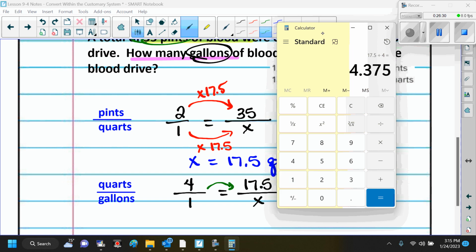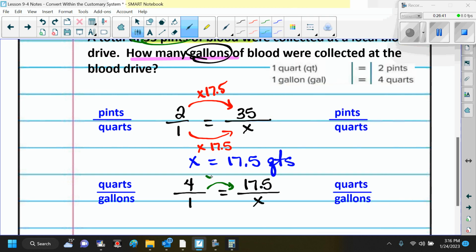So, we're going to multiply. Let me just double check. 17.5 divided by 4, yep, 4.375, okay? So we're going to multiply times 4.375. And if I multiply times that in the numerator, I have to do that in the denominator.